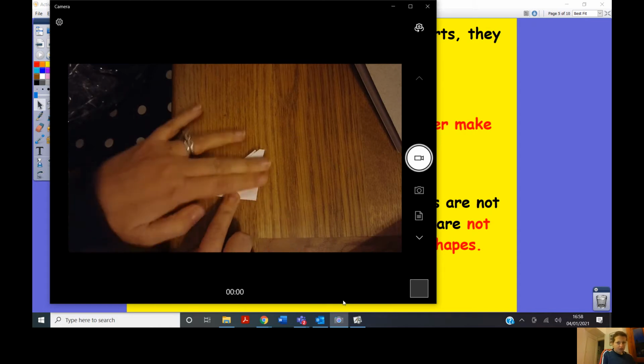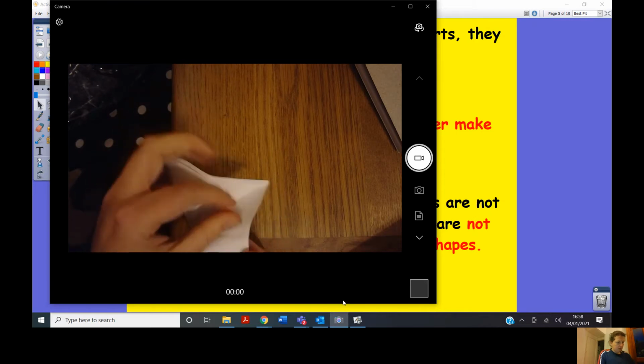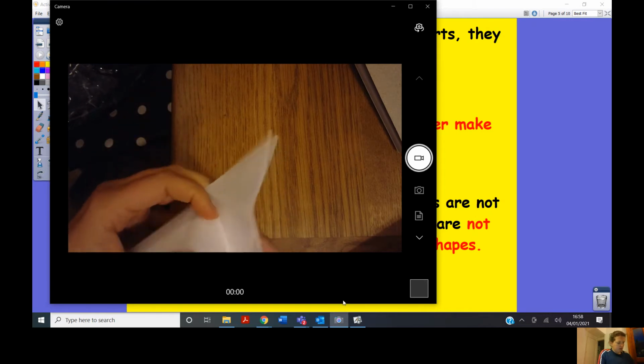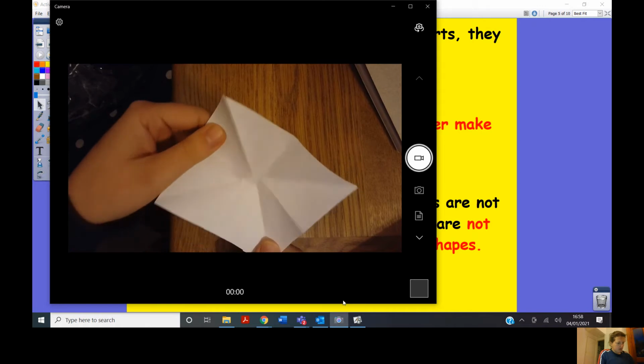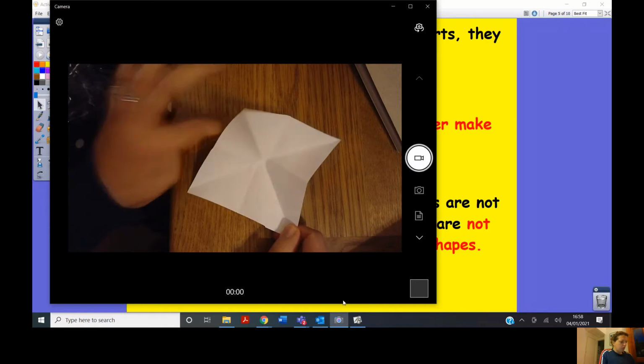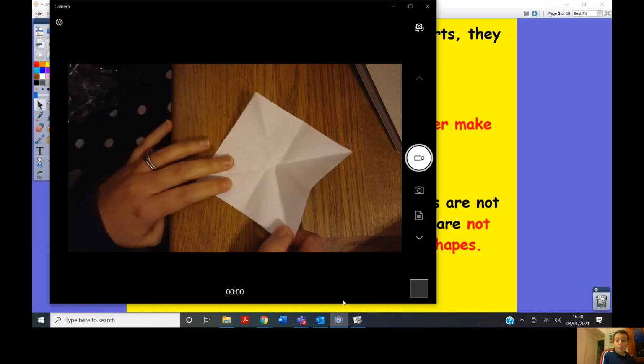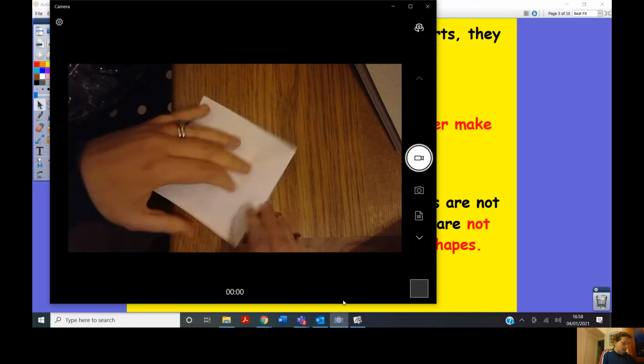Can we go even smaller? 1, 2, 3, 4, 5, 6, 7, 8 equal parts, which you call eighths.